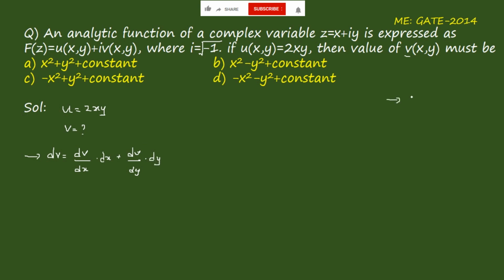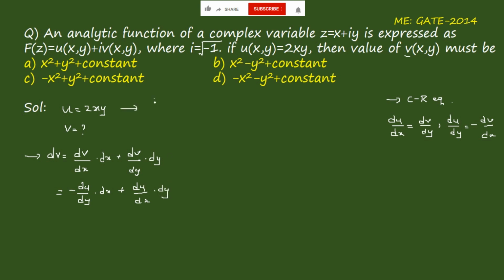For this one, you have to know the Cauchy-Riemann equations, as the function is an analytic function. So one is du by dx is equal to dv by dy. The other one is du by dy is equal to minus of dv by dx. So on substituting, we get this as nothing but minus of du by dy into dx plus du by dx into dy, right?